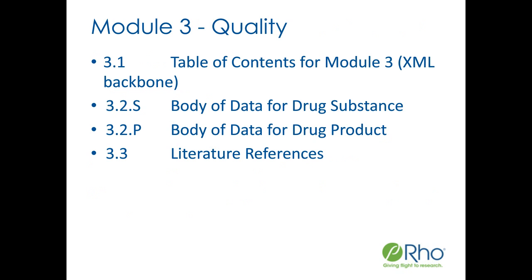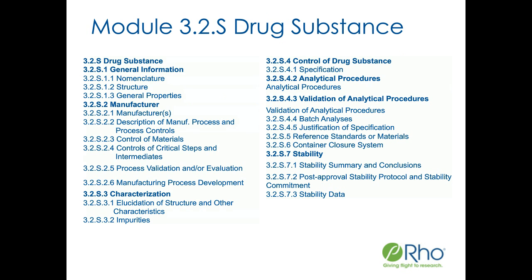The quality Module 3 is pretty straightforward but pretty detailed. So they break it down traditionally into the drug substance, which is your active pharmaceutical ingredient, and the drug product, which is the final material which is injected into humans. This is just an idea of the outline of the table of contents for the drug substance. None of these documents are that long, but they're extremely technical and need to be reviewed and presented accurately to the FDA reviewer.